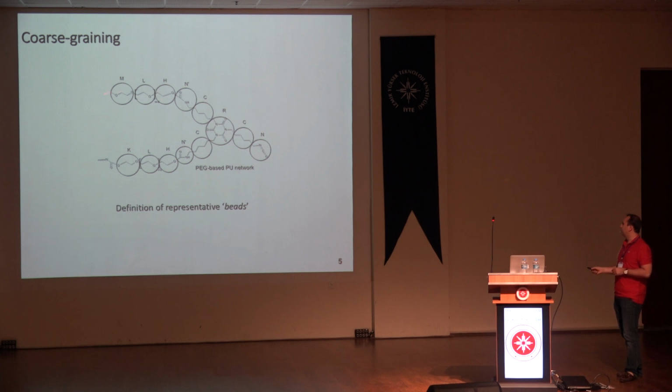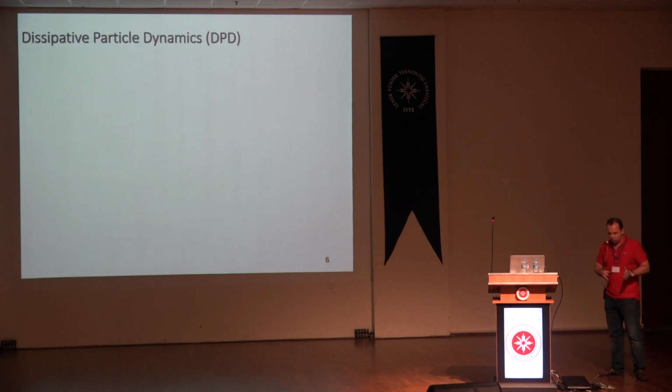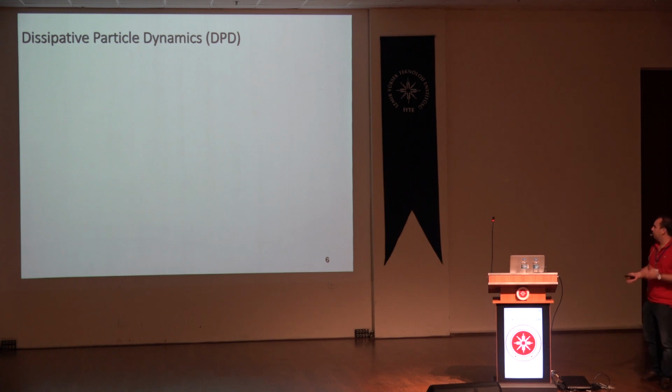And here you can see that we have different beads, and the primed ones are indicating the beads that are formed after chemical reaction. Okay, so I just briefly wanted to show you what beading or coarse graining is, and I tried to give you an overview of how molecular simulation can be applied to study this type of system.